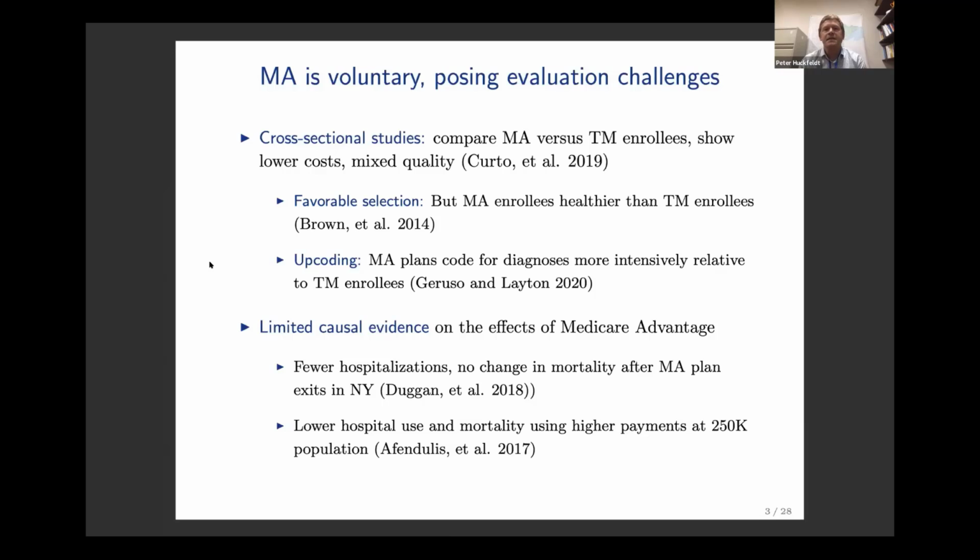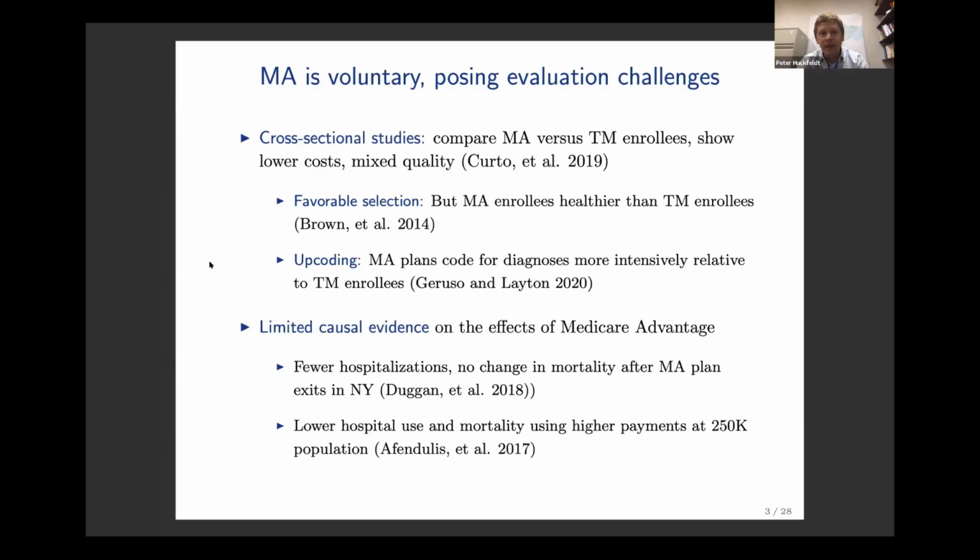But these kinds of cross-sectional studies really face two key challenges. One is favorable selection. Medicare Advantage plans have a strong incentive to enroll individuals who are healthy. This happens both along observed health status, but also even conditional on unobserved health status.